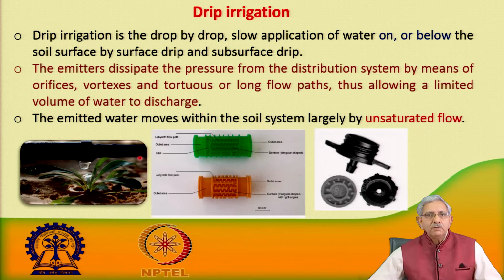So, the emitted water moves in the soil system. This soil is unsaturated, meaning the flow which takes place in the soil system is unsaturated flow.